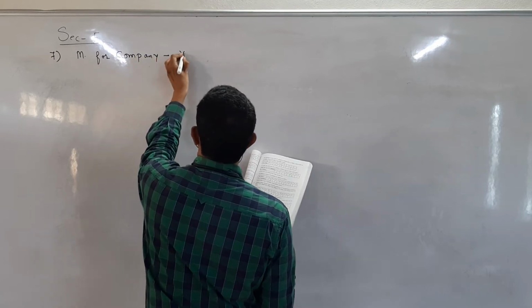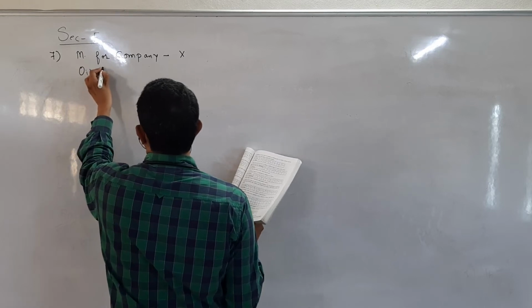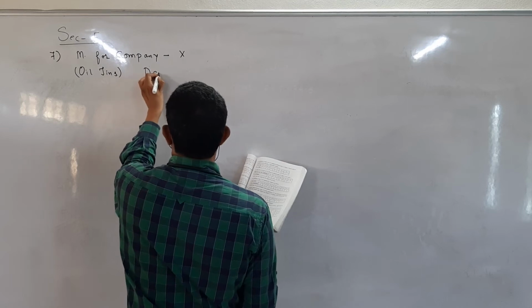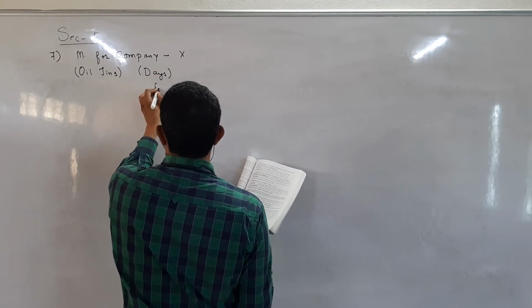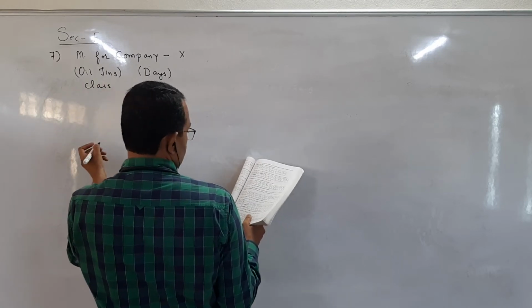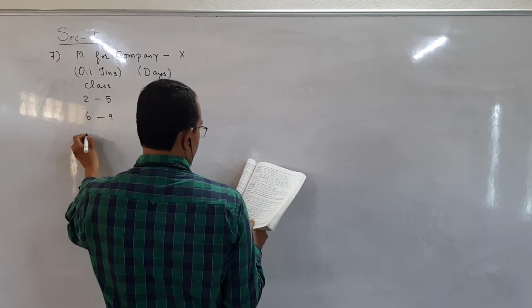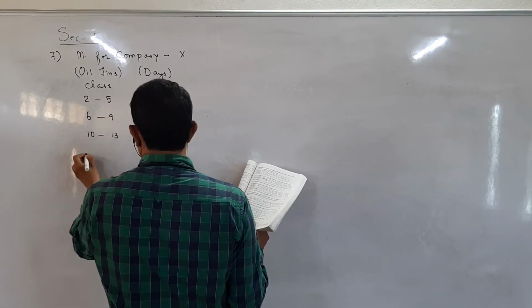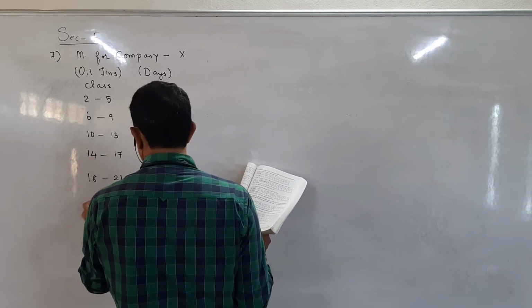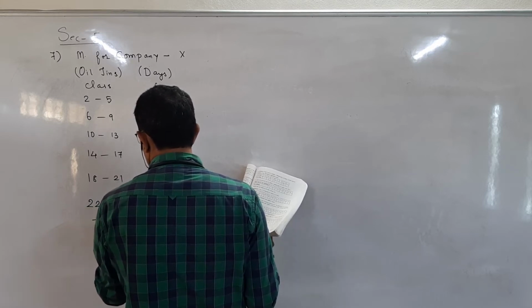So oil beans is in terms of classes and days is in terms of fi. And we had classes as 2 to 5, 6 to 9, 10 to 13, 14 to 17, 18 to 21, and 22 to 25.